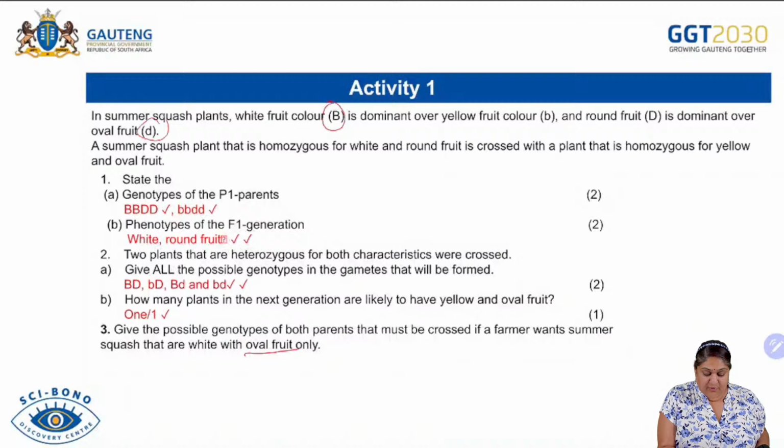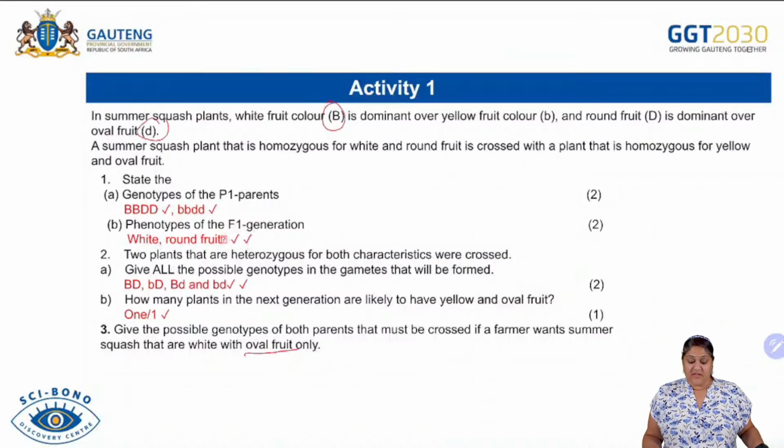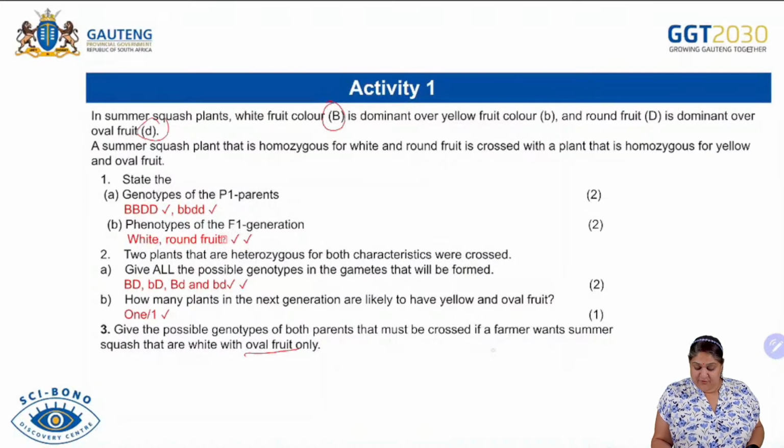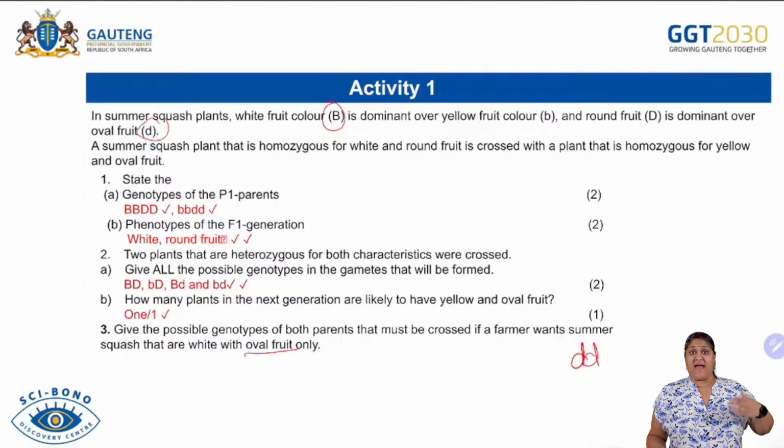So the oval fruit will be the small letter d. So then we know that in the offspring, in order to have oval fruit, you have to have homozygous recessive. And from what you know, if it's going to be homozygous recessive, remember they must get 1 allele from each parent, which means that the parents must be having a small d.